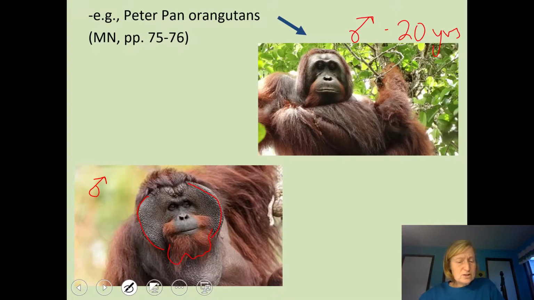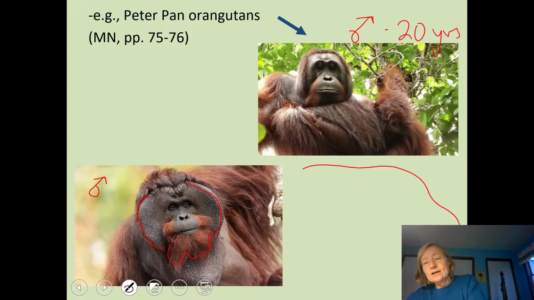The Peter Pan males never seem to grow up. They're smaller, they have less hair, they have a smaller face. They can stay small for years and years and years. What's happening? Well, it seems that there are 2 strategies that have evolved. And you have to know a little bit about the social structure to understand these 2 strategies. So the social structure goes something like this.